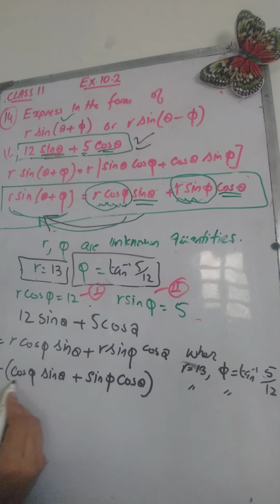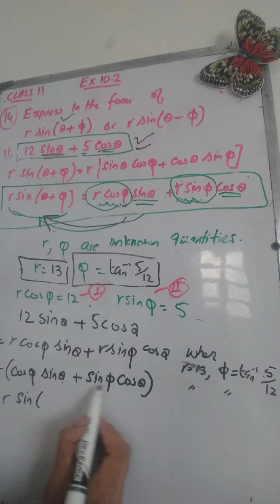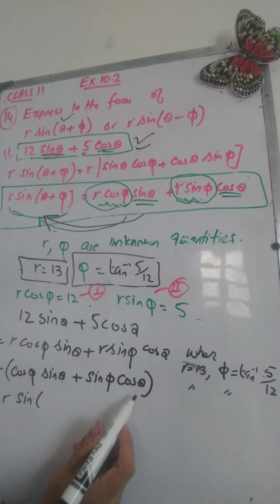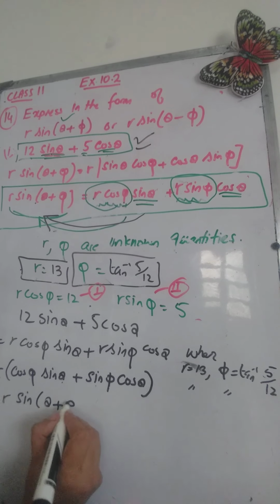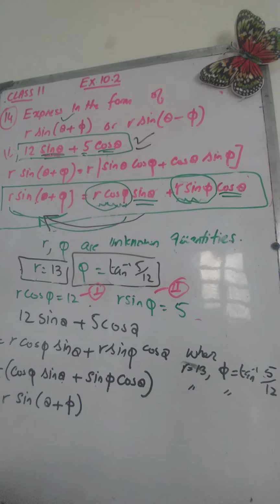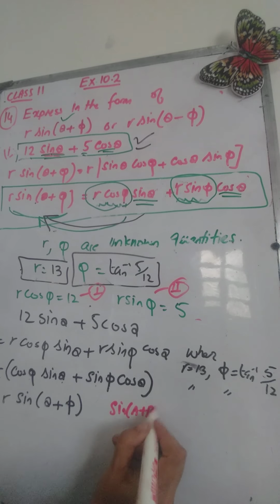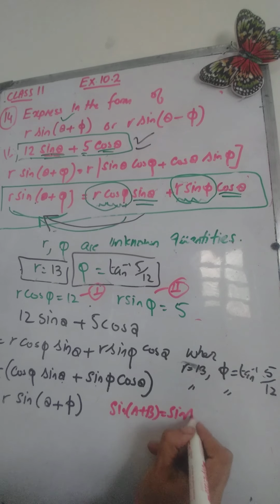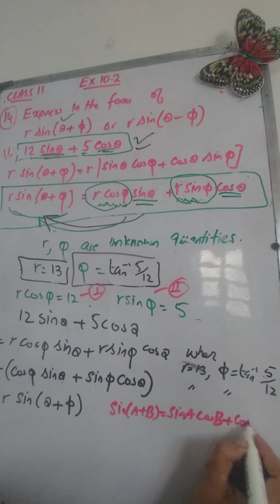Now we know that this expression is equal to sin, we know sin alpha cos beta plus sin beta cos alpha is equal to sin of alpha plus beta. By using the trigonometric identity, sin of a plus b is equal to sin of a cos of b plus cos of a sin of b.